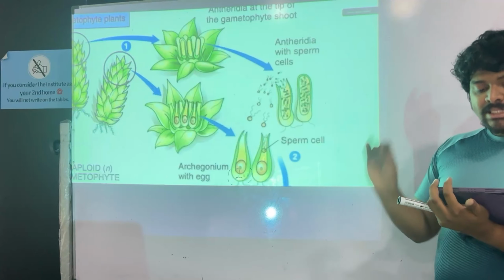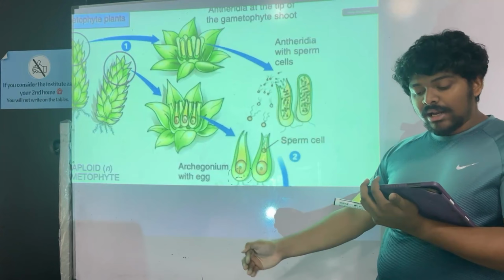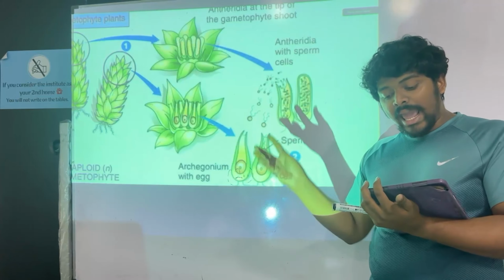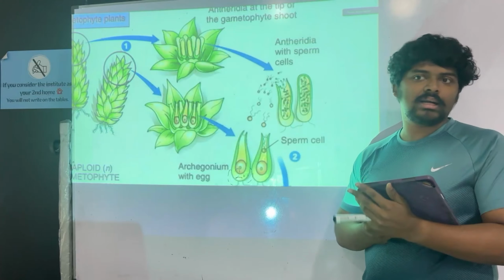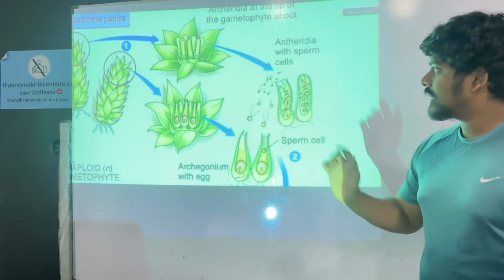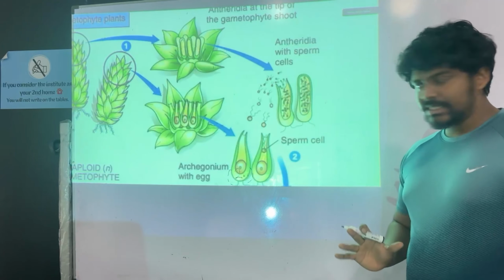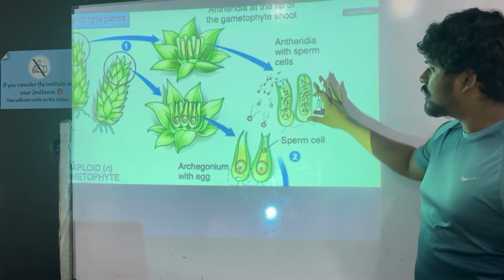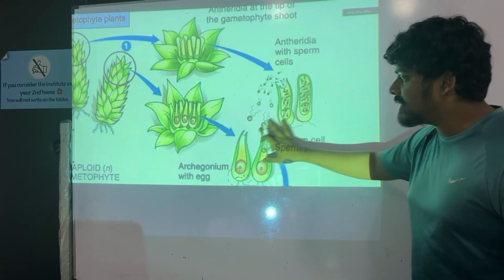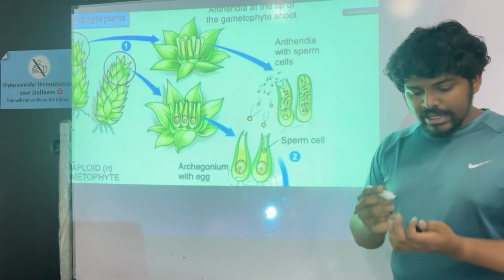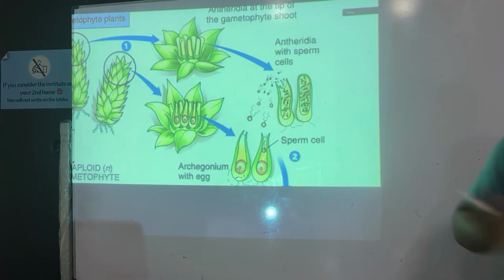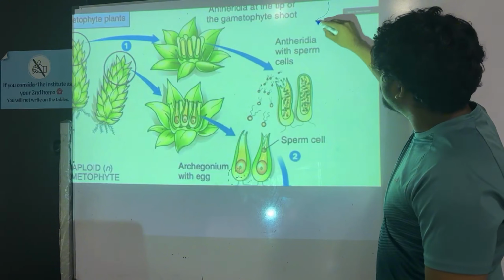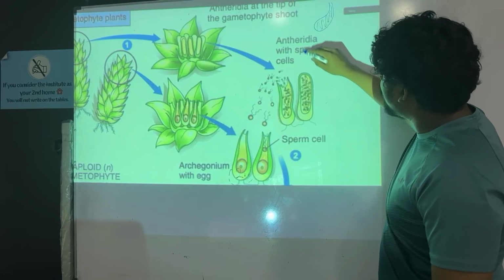Flagellated motile sperm swims through external water towards the egg, entering the archegonium in response to chemical attractants. So that is not clearly shown in this diagram, but how this takes place is, so this is the antheridium, this is the archegonium. So let's say it is raining. When it rains, you have these water droplets.